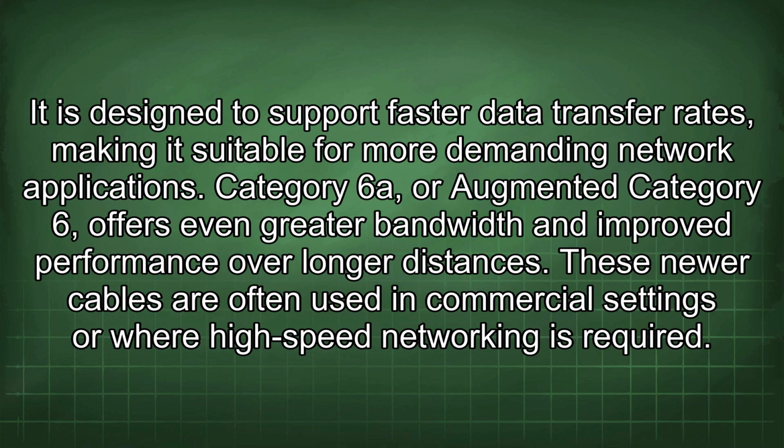It is designed to support faster data transfer rates, making it suitable for more demanding network applications. Category 6A, or Augmented Category 6, offers even greater bandwidth and improved performance over longer distances. These newer cables are often used in commercial settings or where high-speed networking is required.